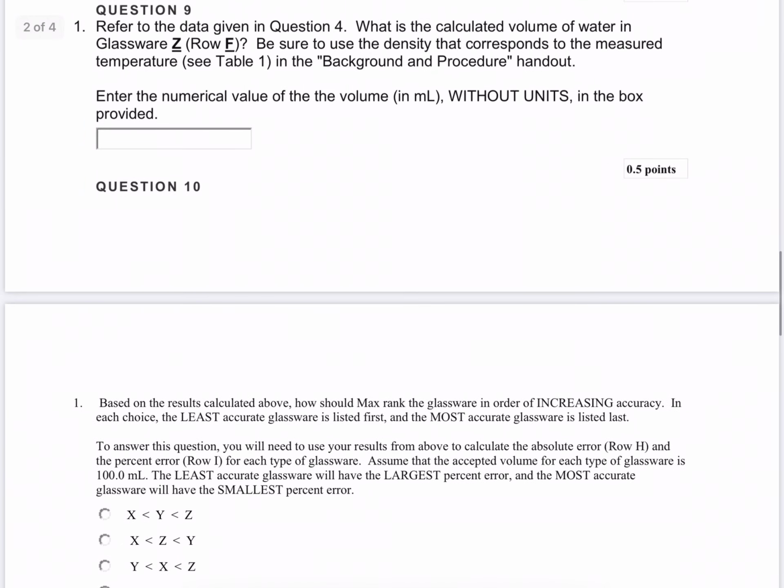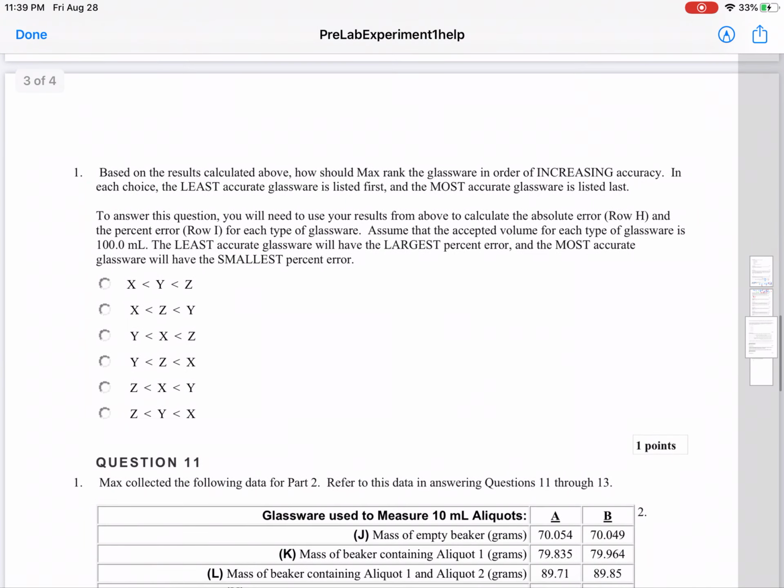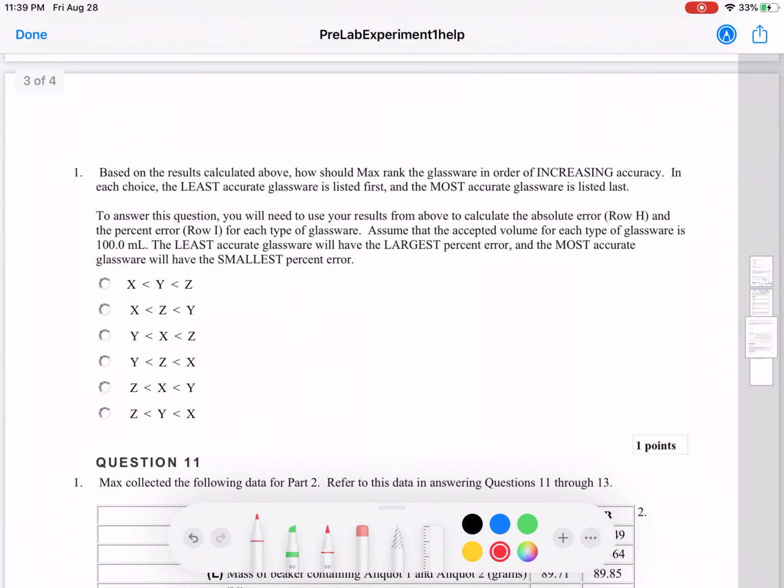Now, how do you do the absolute error? The absolute error is going to be accepted value minus measured value with the 2 bars.